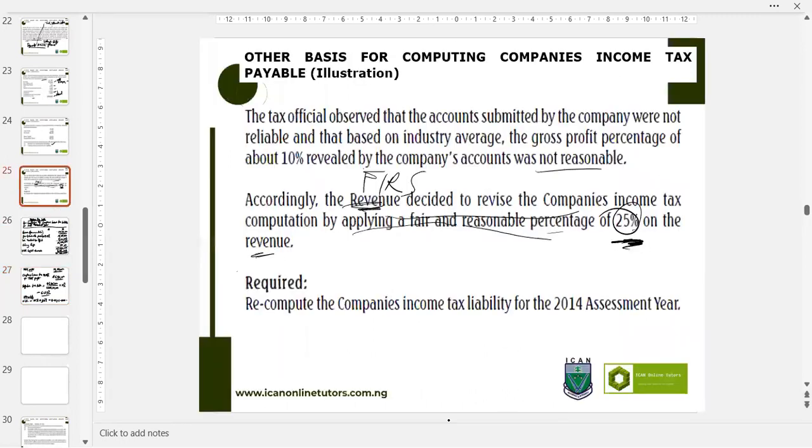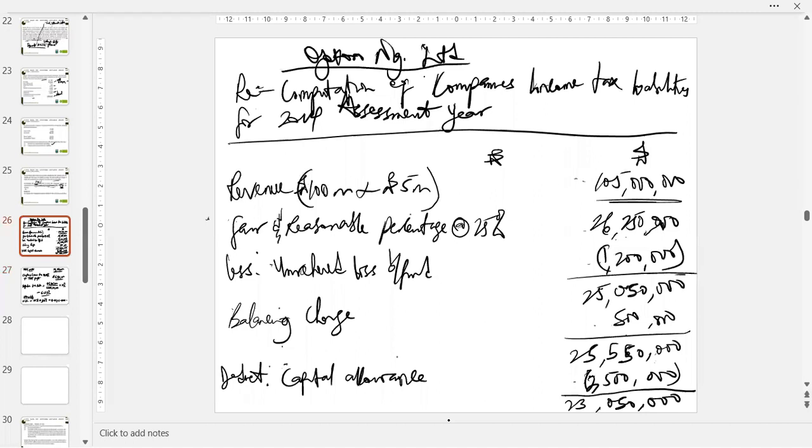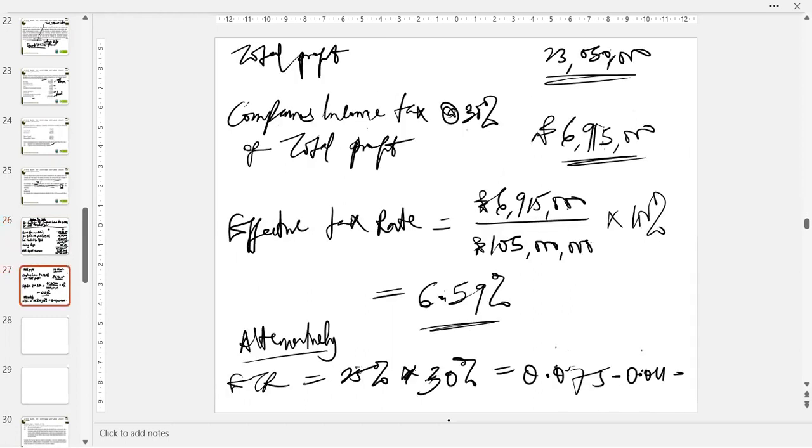Then the balancing charge of 500,000 gives 0.005, approximately.